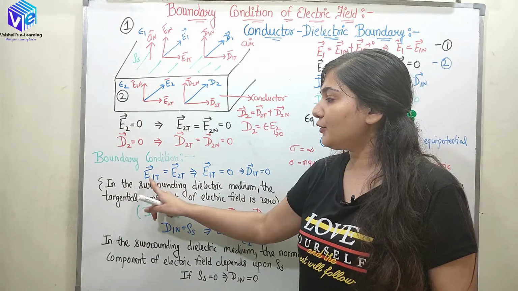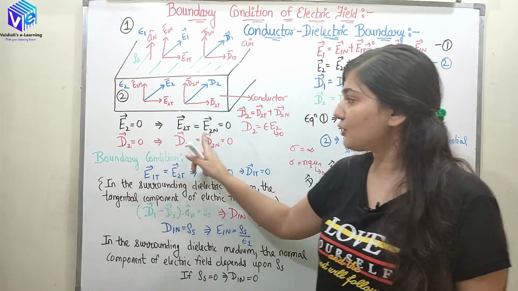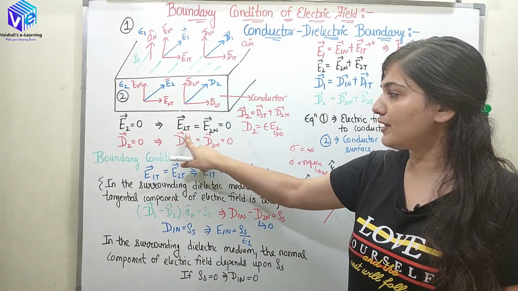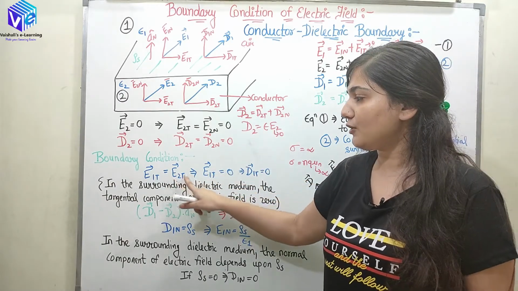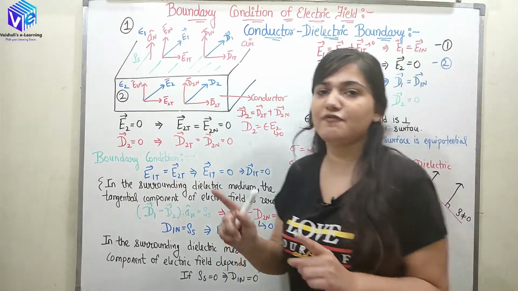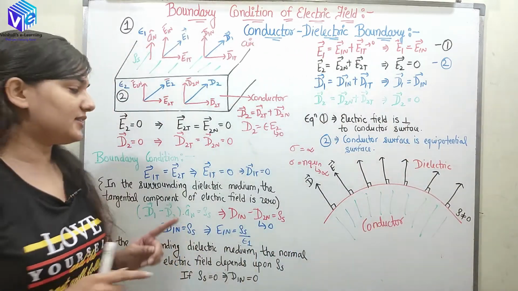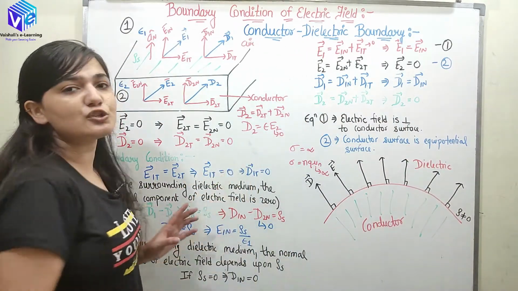So if I talk about the E2t, I have already told you E2t is 0. So we can put the value of E2t over here, and the first inference that I have got is that E1t is also 0.